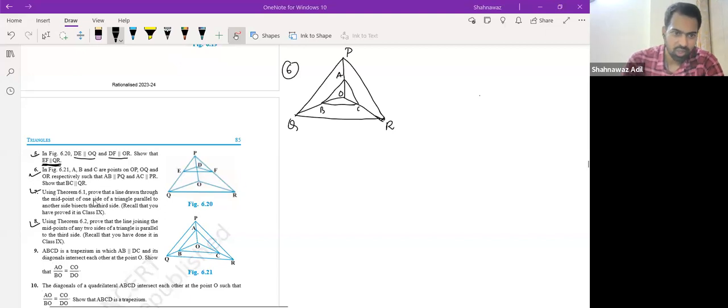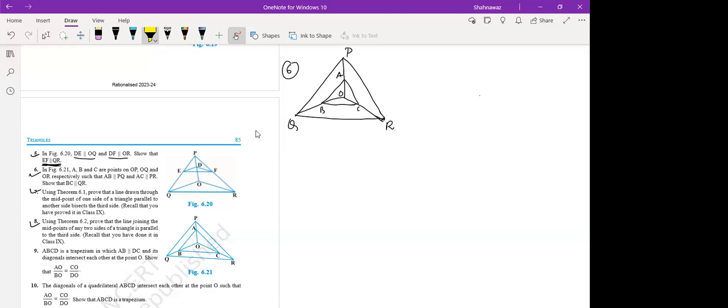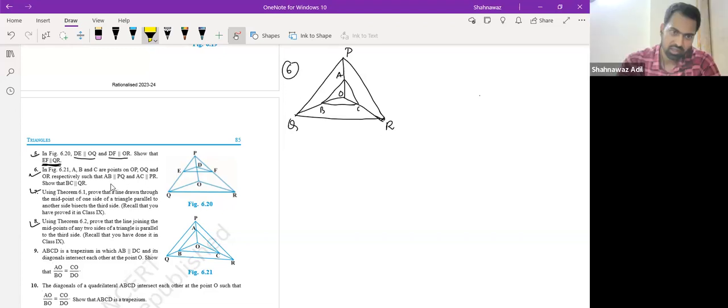Okay, so what is the information that is given? AB is parallel to PQ. So which triangle will we use? AB parallel to PQ, Rizwan. Yes, sir, this is the given information.